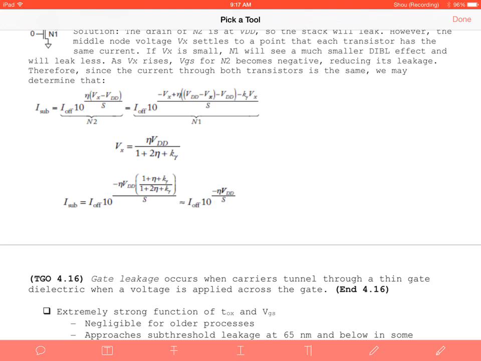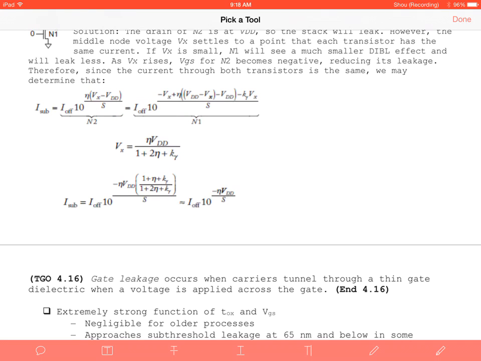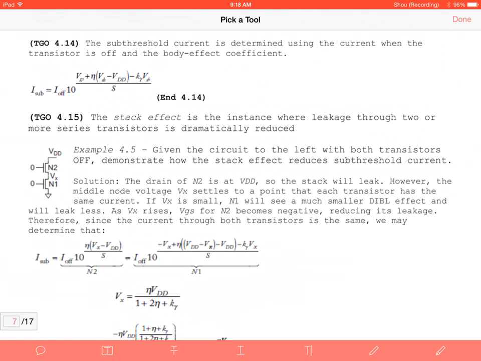And this is coming significantly down, especially when you compare this value and this value. So the difference is, by adding this second Vx, you're actually reducing the amount of current, as opposed to now you have drain source current back up here, TGO 4.14.